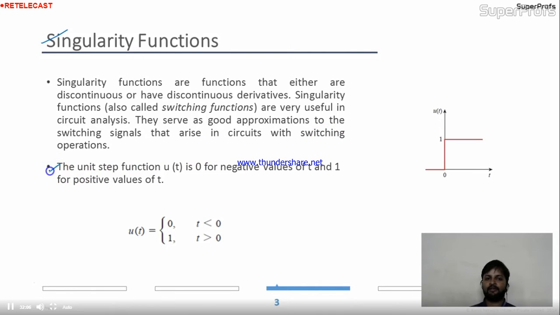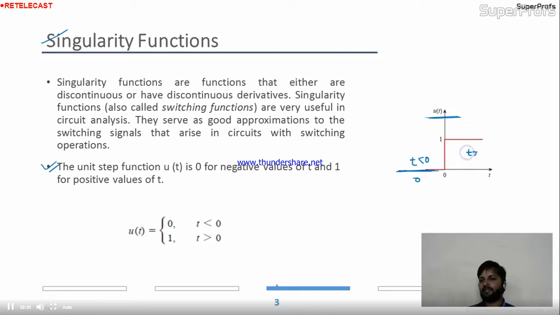Okay. The unit step. I think you people know about this unit step. The unit step function u(t) is 0 for negative values of t and 1 for positive values. So this is the graph for the unit step. For all t less than 0, the value of the function is 0.